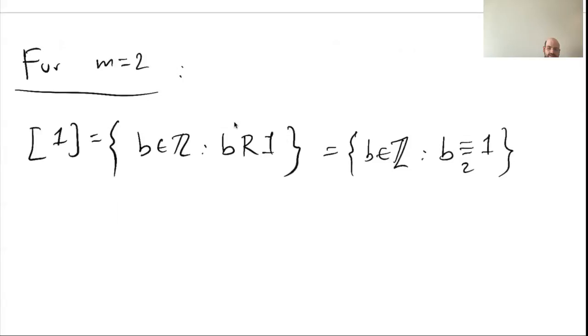So which elements are congruent 1 mod 2? The remainder of them when divided by 2 must be 1. So that means odd numbers, right? Which elements have the feature that when divided by 2, their remainder is 1? Well, exactly odd numbers.